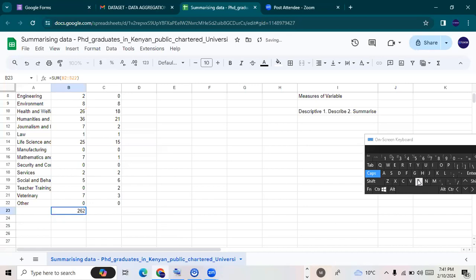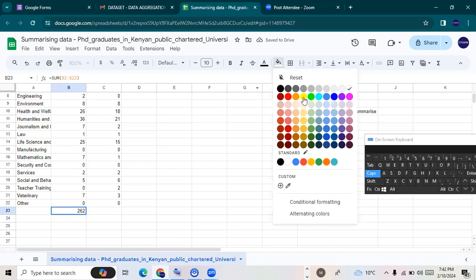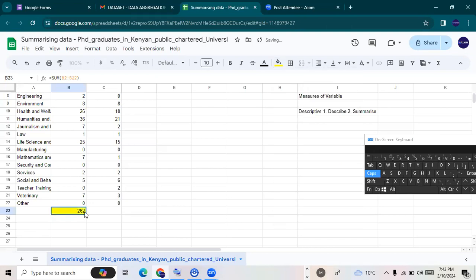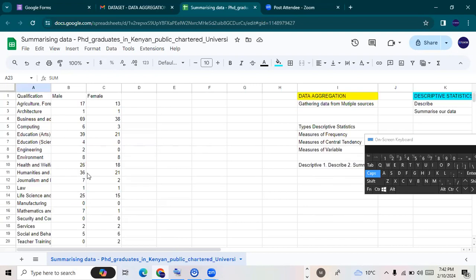In summary, I'm having 262 here as my sum. So statistically, we can say we have 262 males here. If I only consider one column like this, it is called univariate analysis. Uni means one.